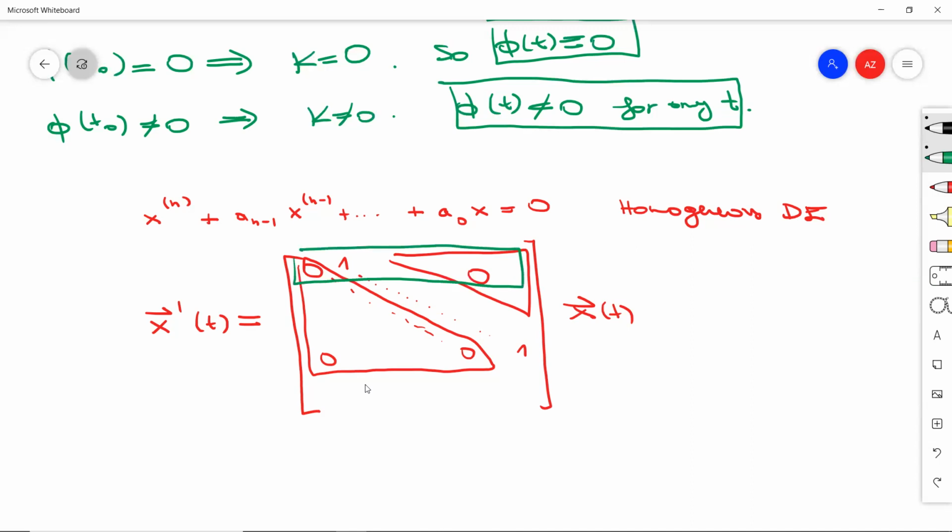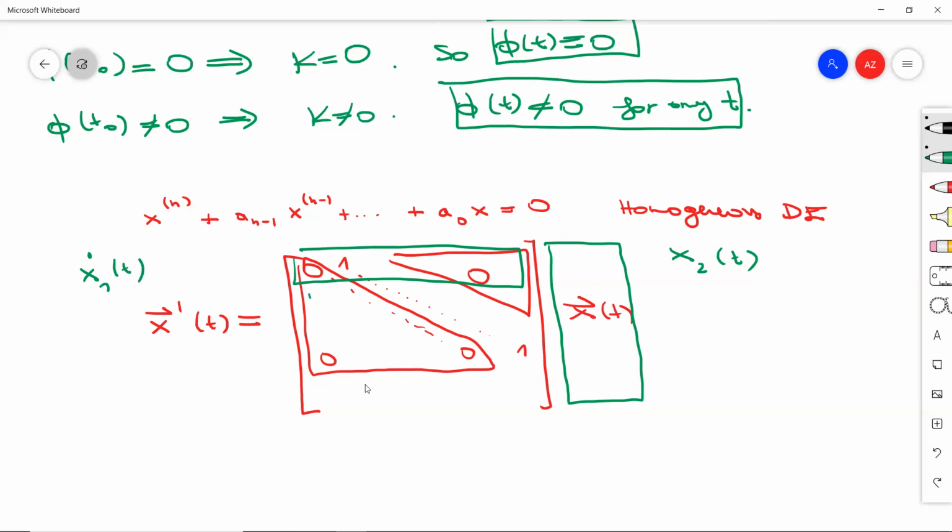The first row multiplied by our vector gives x2 of t, and this is equal to the left hand side, which is x1 prime of t.